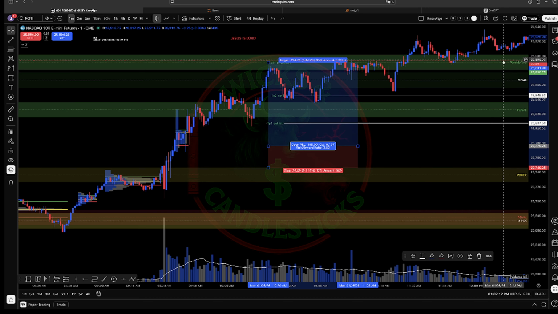The monthly POC to the monthly value area high. So in all honesty, my full TP could have been here. It could have been here. Or it could have been here. But I also seen that there was a weekly value area high right here.